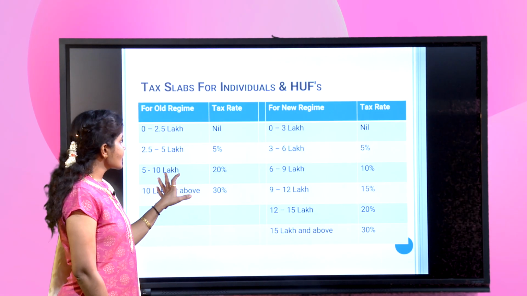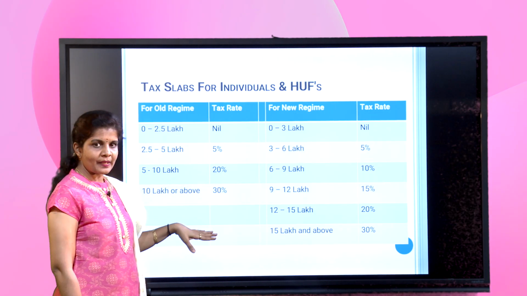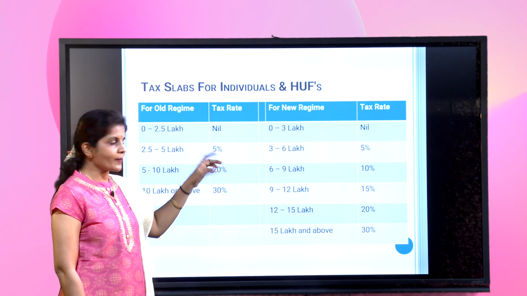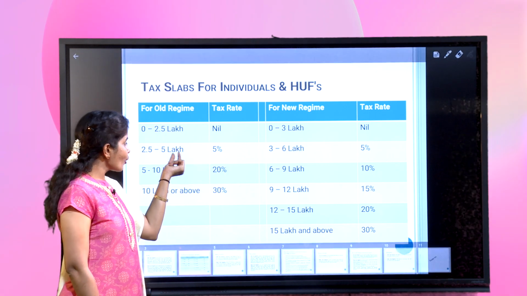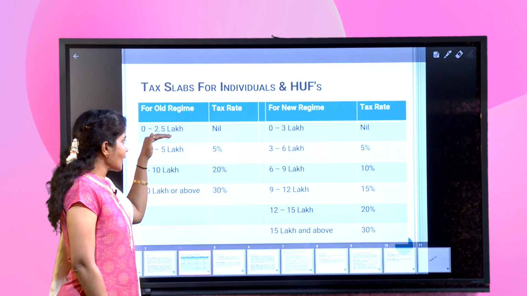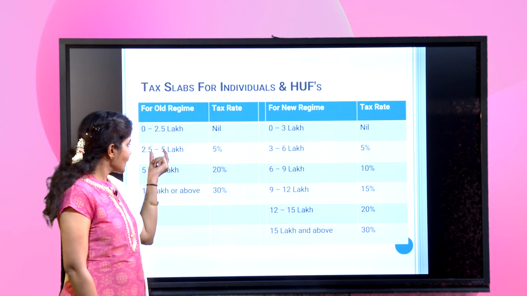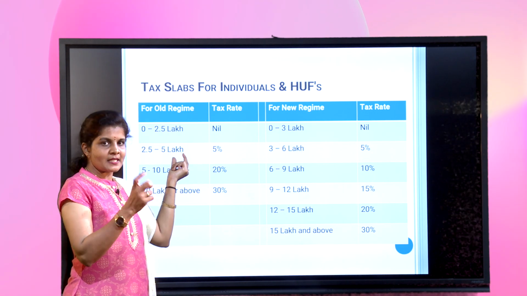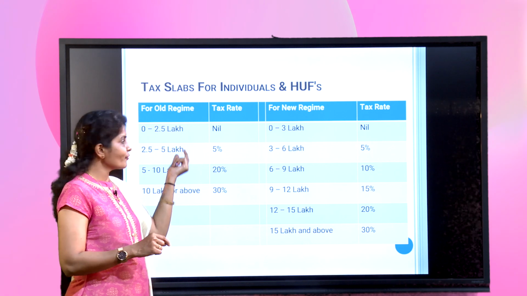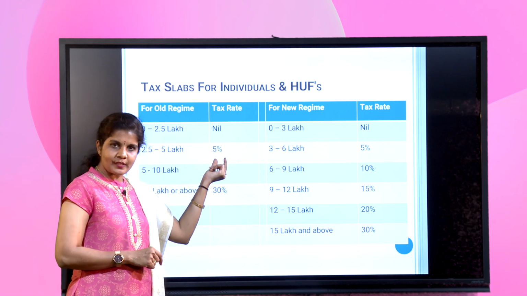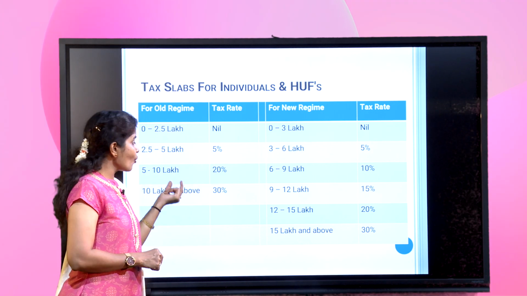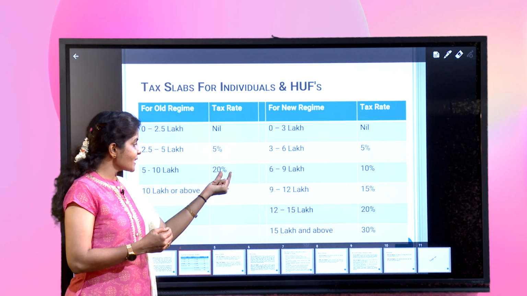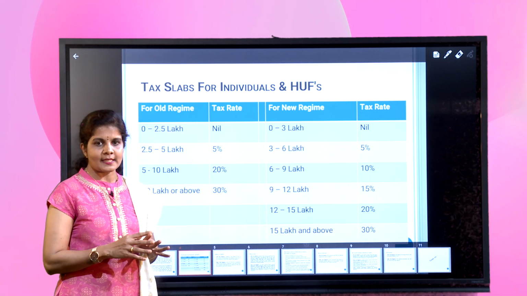As per this slab rate, if they opt for the old tax regime and have more than 5 lakh rupees, then up to 2,50,000 is nil, and 2,50,000 to 5 lakh rupees, the difference of 2,50,000, is taxed at 5%. If it is more than 5 lakh and up to 10 lakh rupees, they need to pay 20% tax.